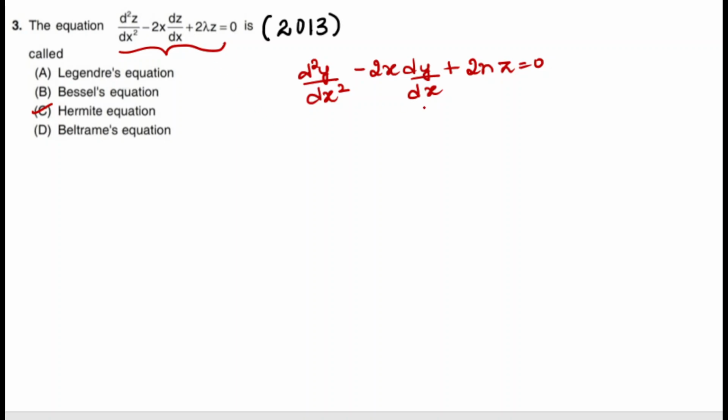The given equation is similar to this, with only a change in the variables: instead of y they have kept z, and instead of n they have kept lambda. So this is the Hermite equation, and here n is a positive integer. It's a direct question, just a little twist was there. It's a Hermite equation. Now, let us move on to the next question.